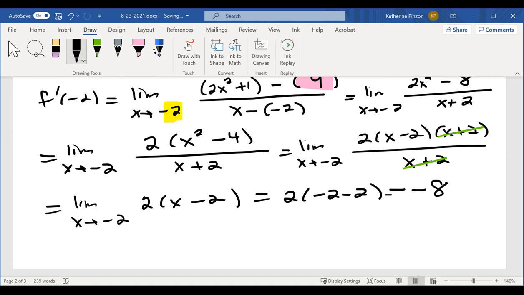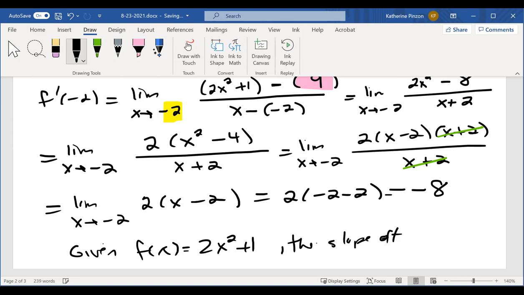So what we're saying is that given this function, 2x squared plus 1, the slope of the tangent line at x equals negative 2 is negative 8.